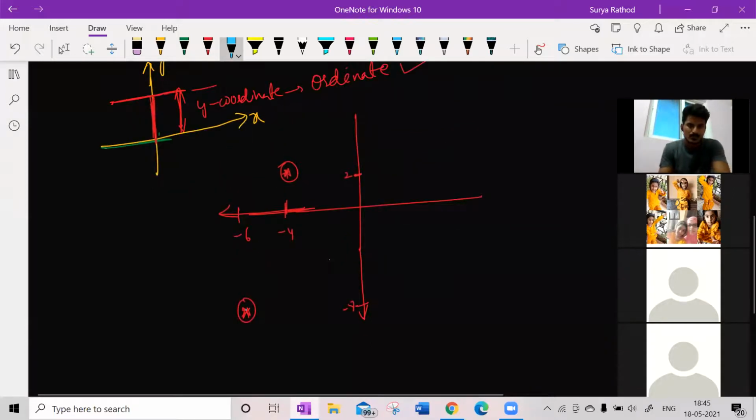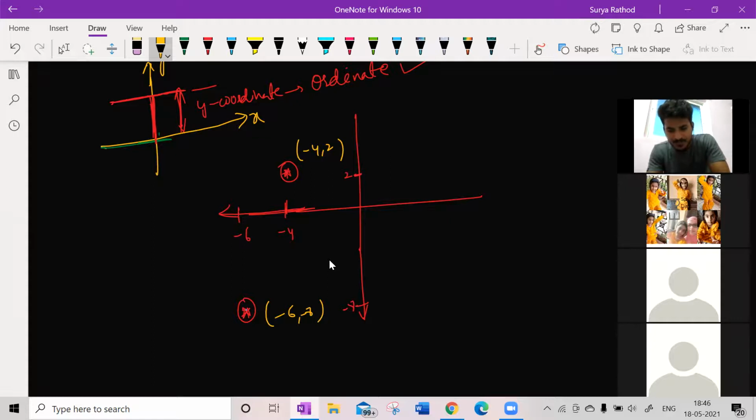Yes, that's what I was saying. We can simply add the coordinates and divide by 2.